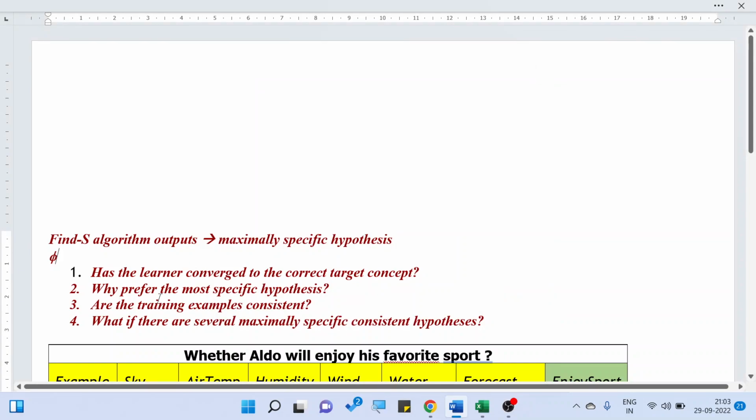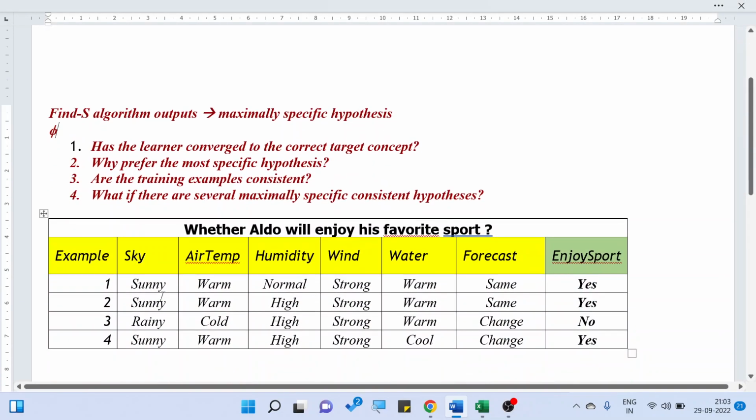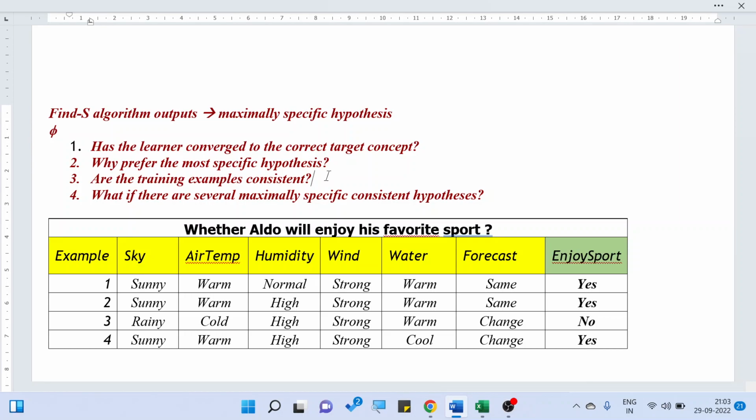Then number 3, though we have training examples, they may not be consistent, they may not be error free, they may not be noise free. So if they have some noise, that may lead to the wrong hypothesis. And the fourth limitation is that in many situations there may be more than one maximally specific hypothesis.